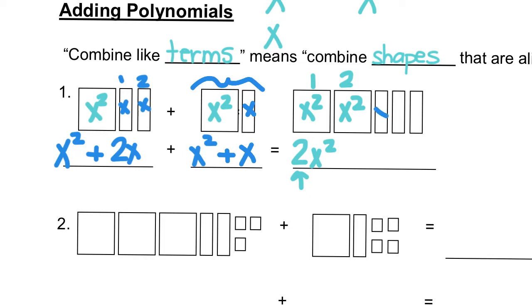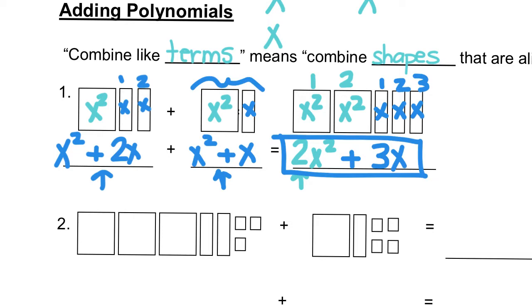And this is the sum of those two polynomials. We have 2x squareds and we have 3 x's. So the coefficient will be 3, and what that means is 3 times x. So the sum of this polynomial and this polynomial is this.